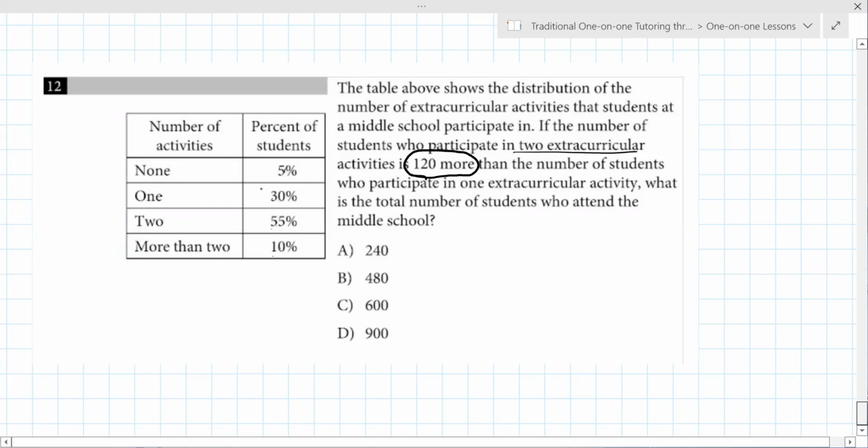And any idea, looking at these percentages, how are they related? If you were to estimate. Okay, 30 and 55. If you're a 30% free throw shooter versus a 55% free throw shooter, what does that mean? 55 is you make more shots.